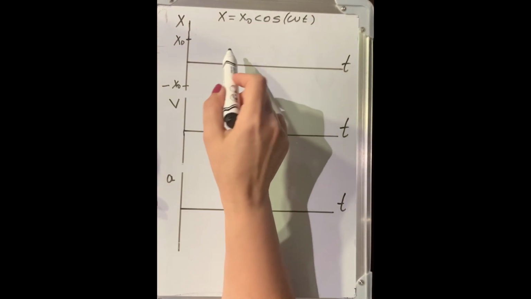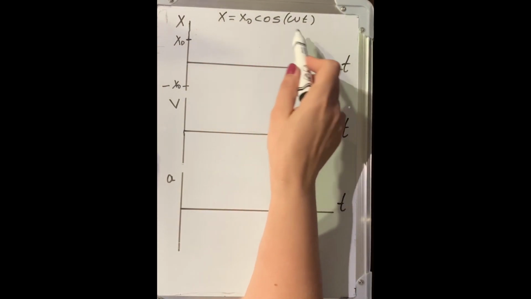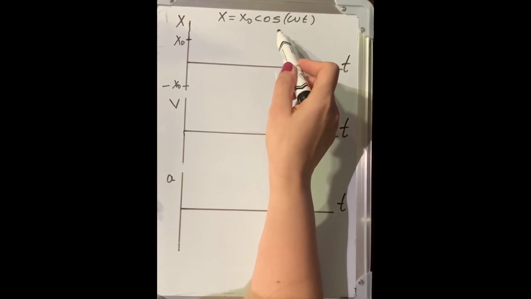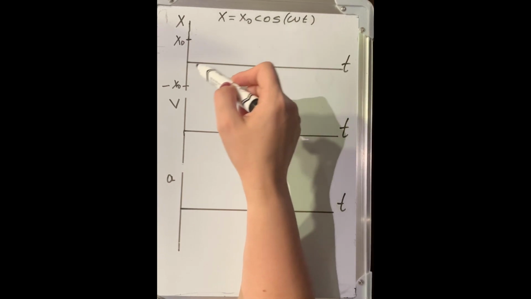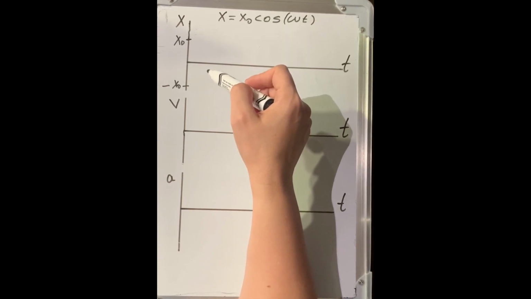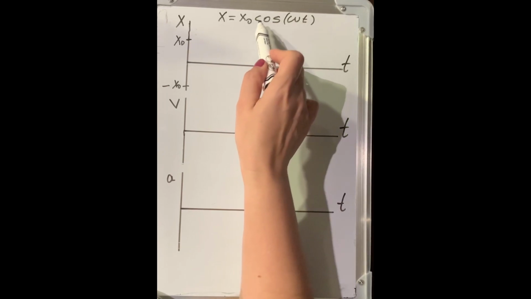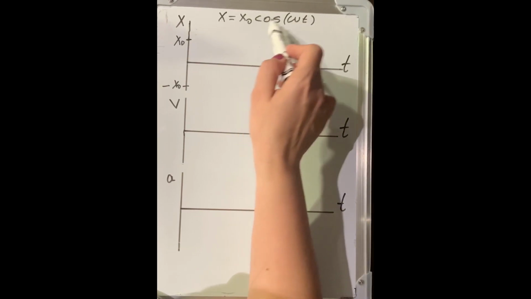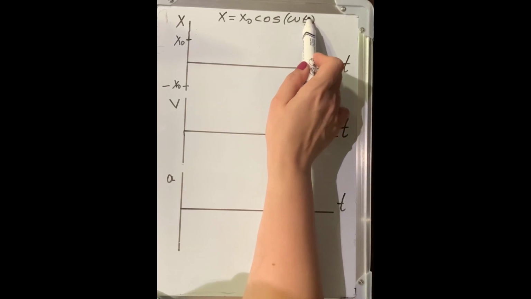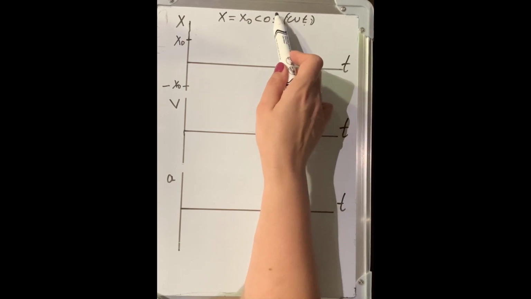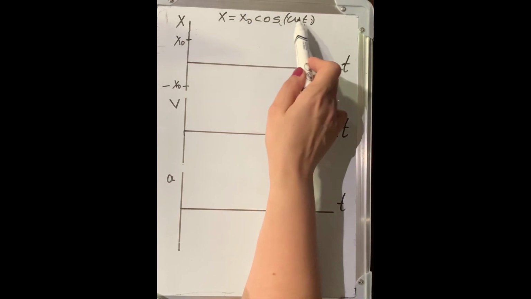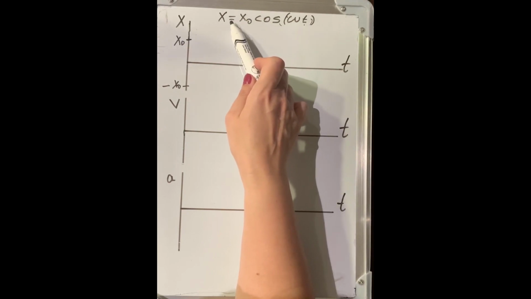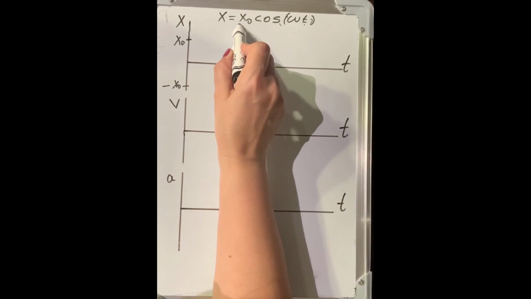Let's say the position function is x equals x0 cosine omega t. That means you start observing when the mass is at its amplitude. So the way I know that is if you put 0 here, cosine 0 is 1. So at t equals 0, this function will have a value of x0.